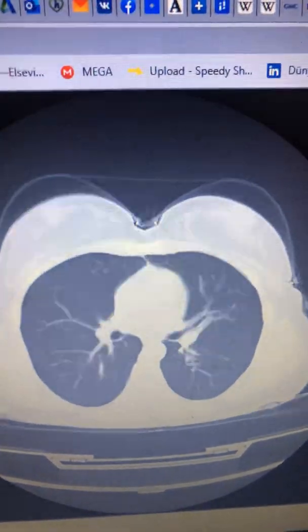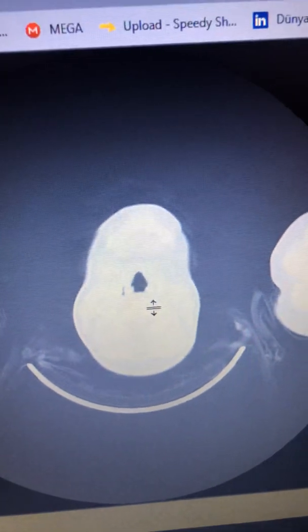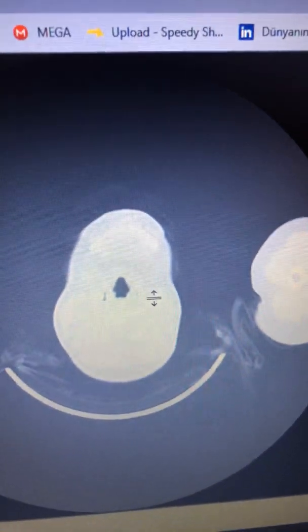I'm going to start from the upper regions of the lungs, as maybe you watched in my previous video that I uploaded almost a month ago. That's the main trachea, the main breathing way, located at the frontal side of our neck.